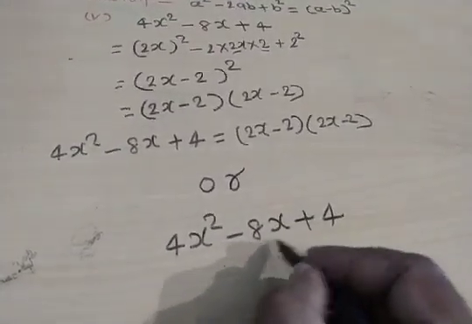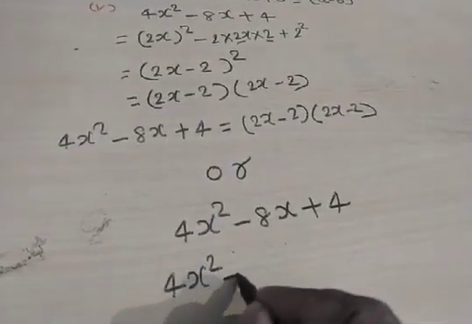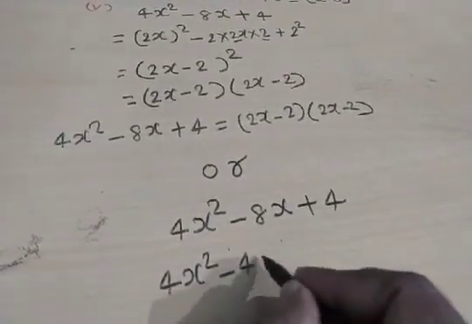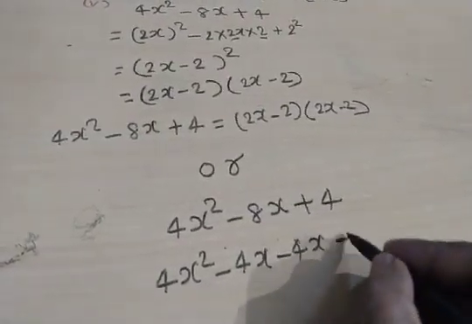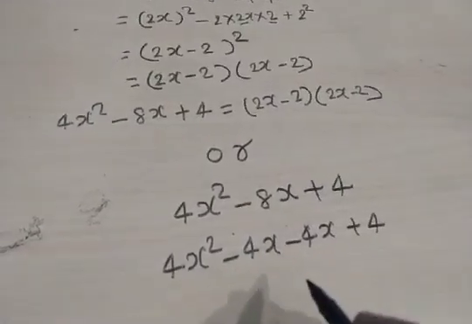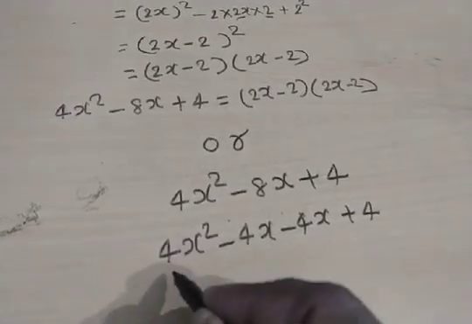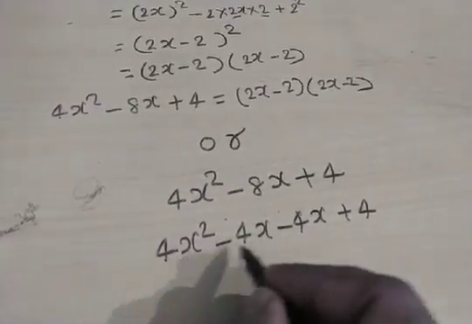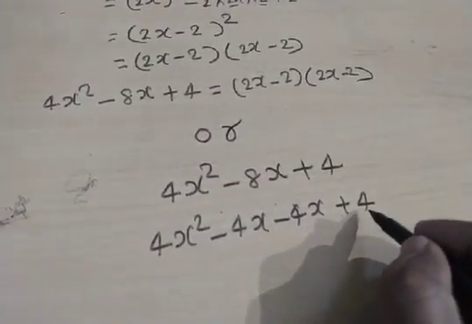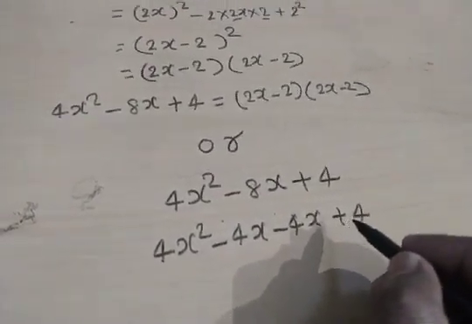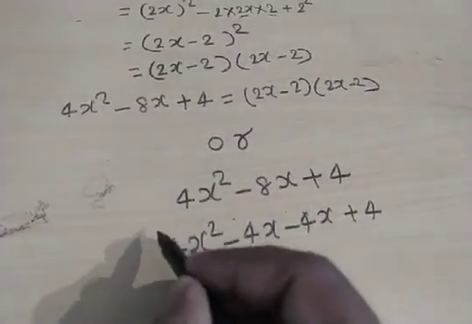So you break the middle term into equal parts, and we obtain 4x square minus 4x minus 4x, and plus 4 we write as it is. You can see the first two terms have common 4x, and in the last two terms we have common 4. Clear? So we group it.